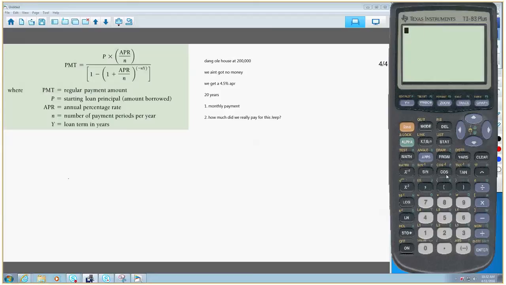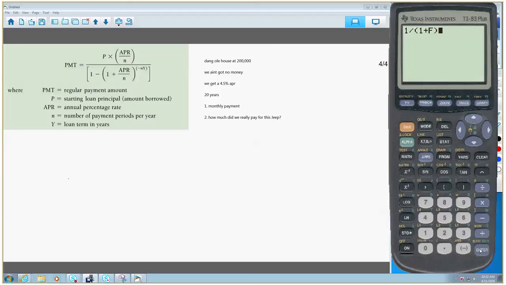And then we're going to do the bottom. Now the bottom, I flip this over 1. This is all over 1 and I flip it. So that would be 1 divided by parentheses 1 plus APR. Well, we've already done this. This is alpha fraction. Close parentheses.